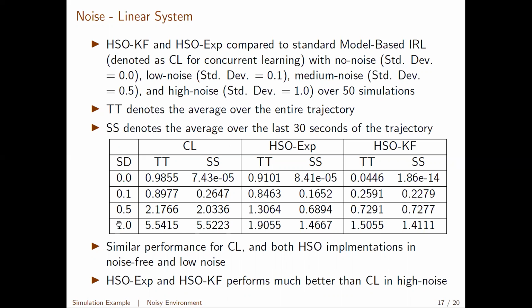The most important line to be looking at is the bottom line shown here. As you can see, the errors for both the exponential HSO and the Kalman filter HSO are significantly smaller than the standard concurrent learning inverse reinforcement learning method for the highest noise simulation.